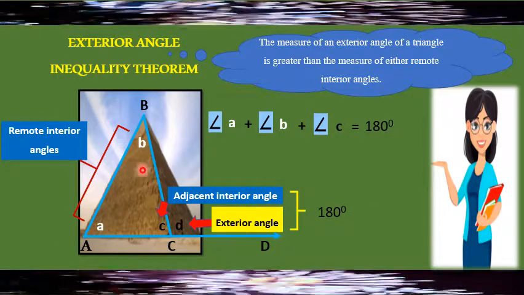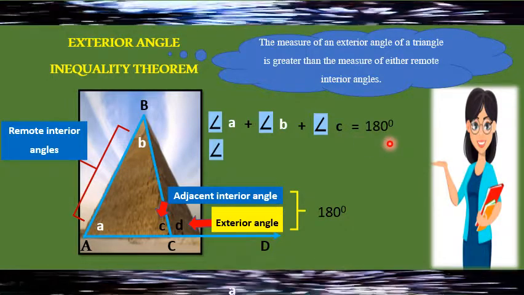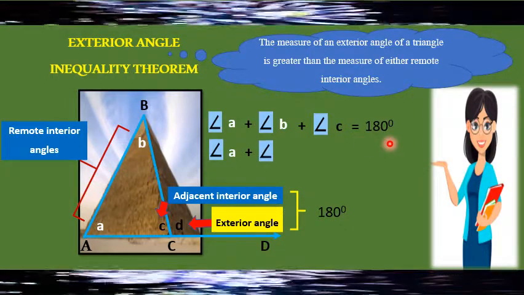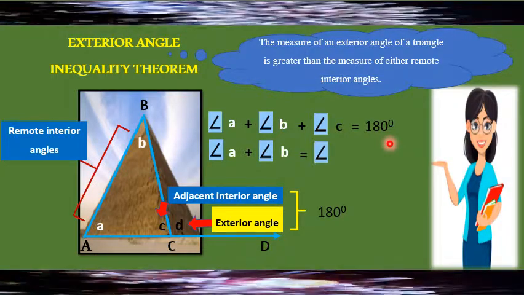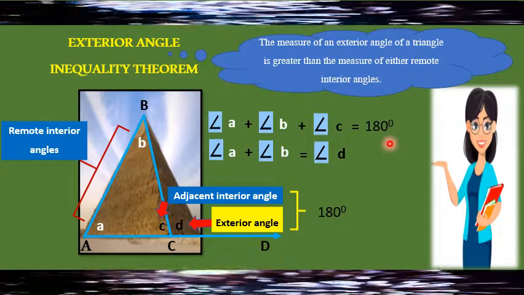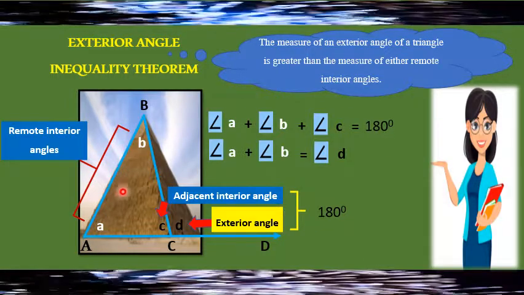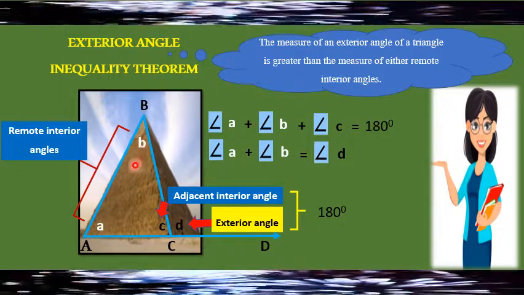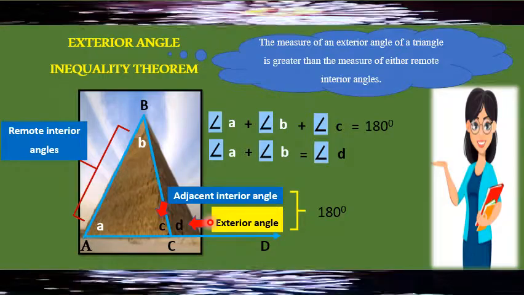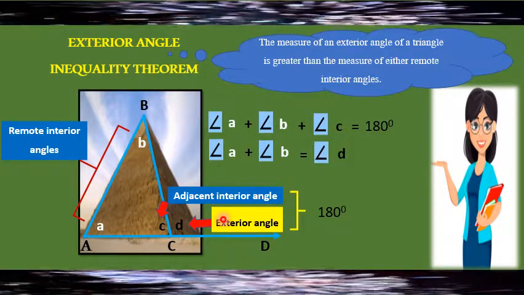So the measures of these three angles are 180 degrees. And angle A plus angle B is equal to angle D. So if you add the measurements of angle A and B, that is equivalent to the exterior angle. Now we can get the answer for the exterior angle.